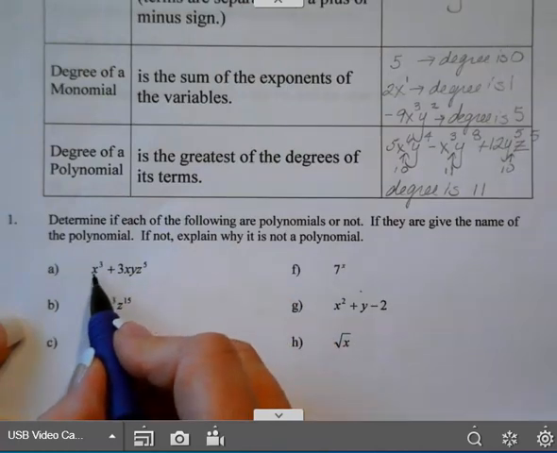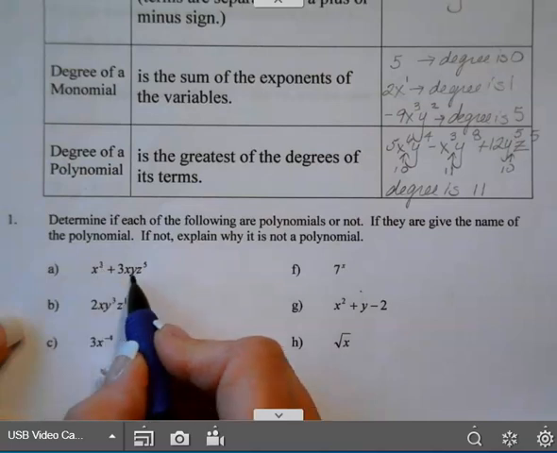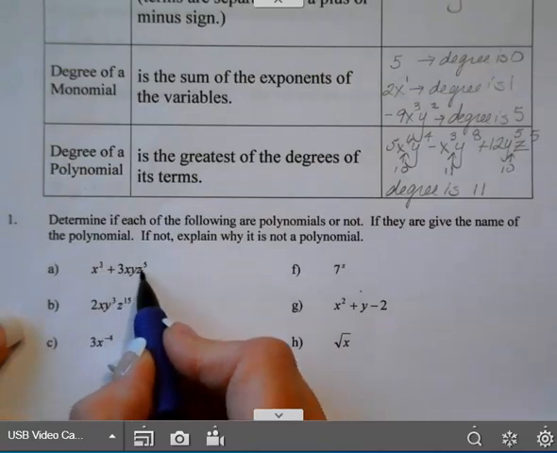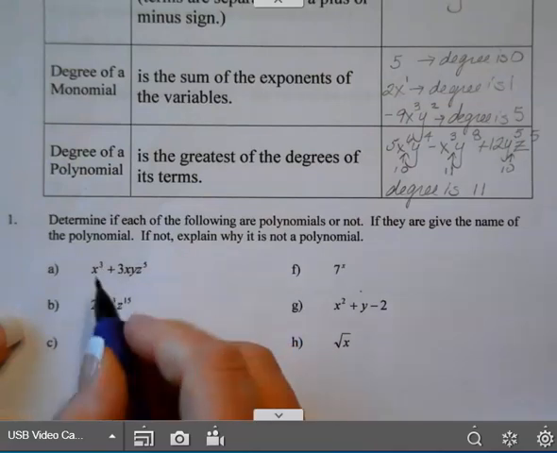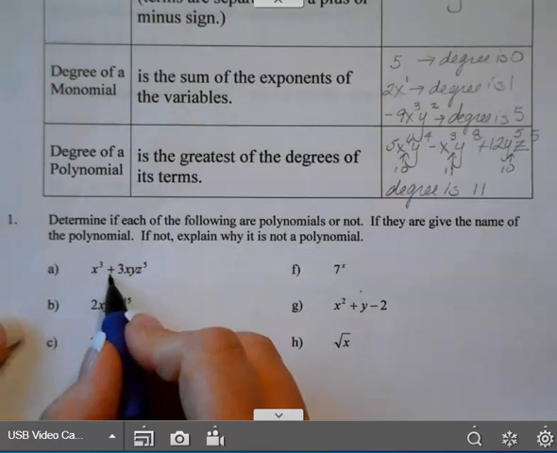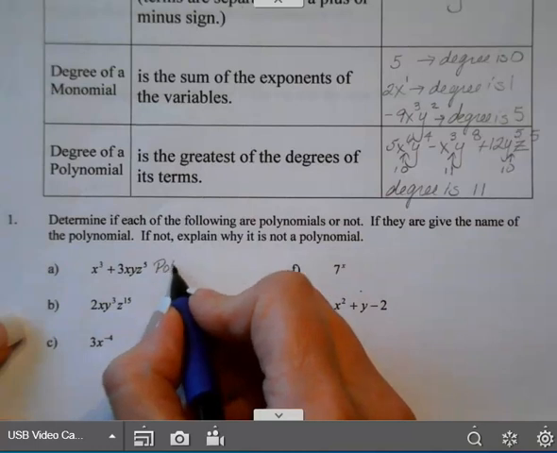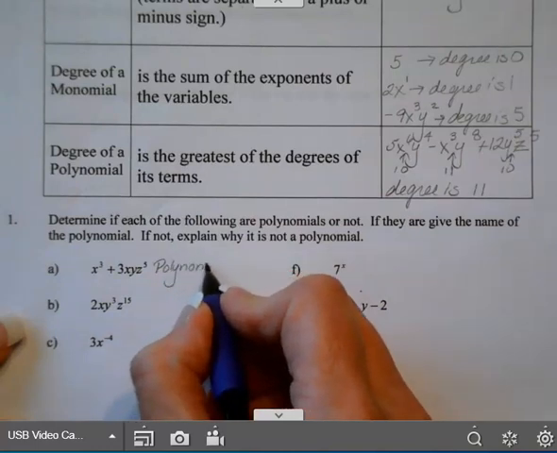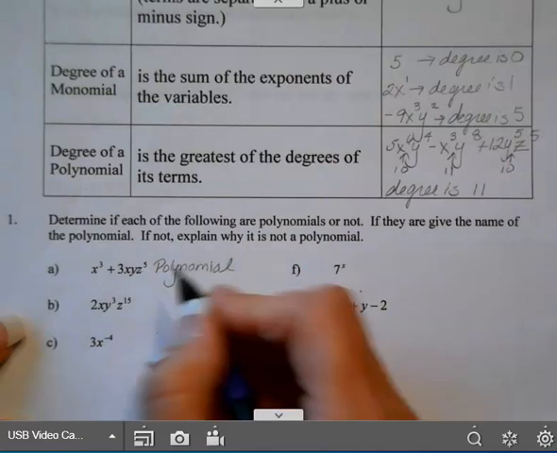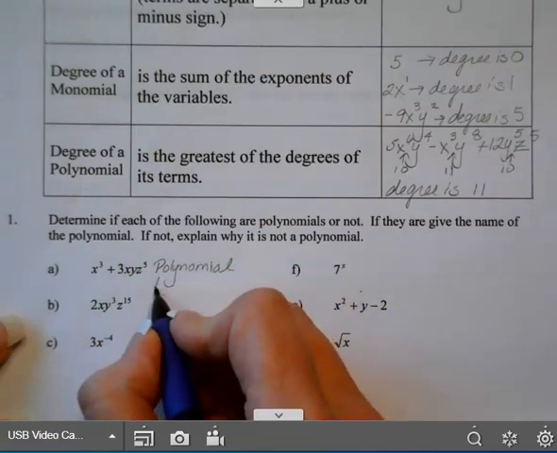I have variables here with a whole number exponent. I have a number, and variables all have whole number exponents. They are added together. So this is a polynomial. And specifically, it is 2 terms, so it's a binomial.